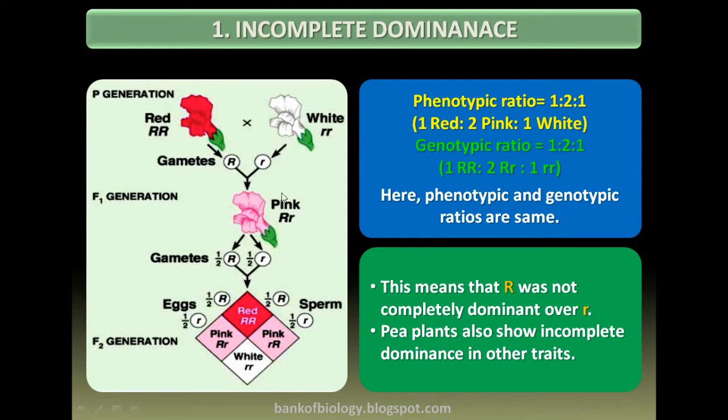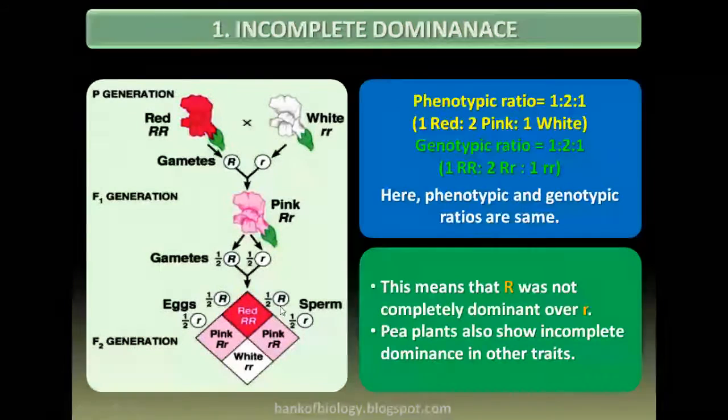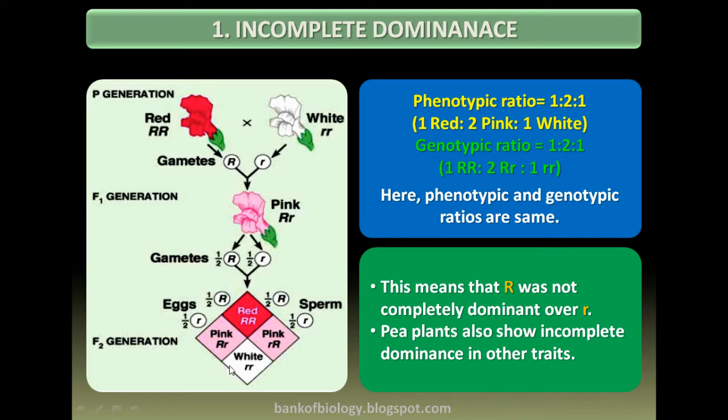Now if these flowers are selfed, we will have half gametes with capital R and half with small r. In the Punnett square, we get the homozygous form as red and the homozygous recessive as white.